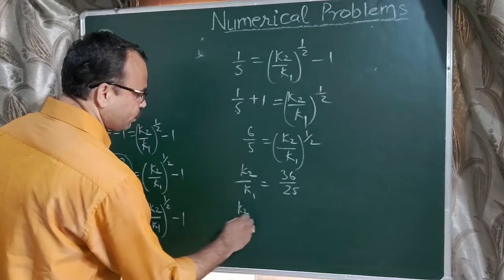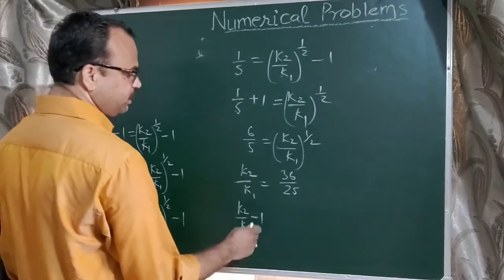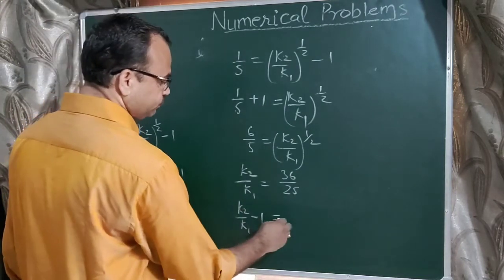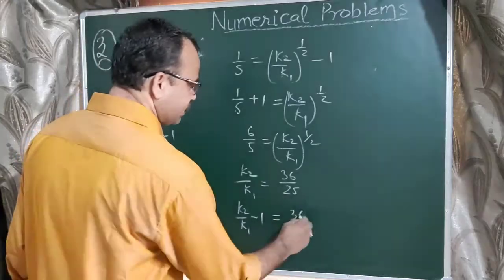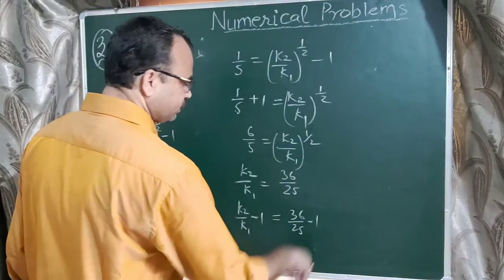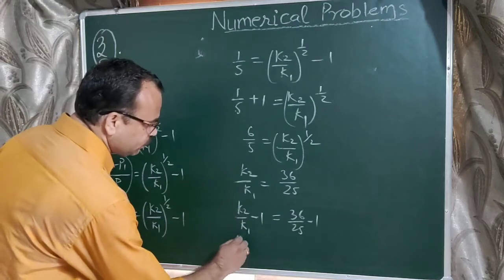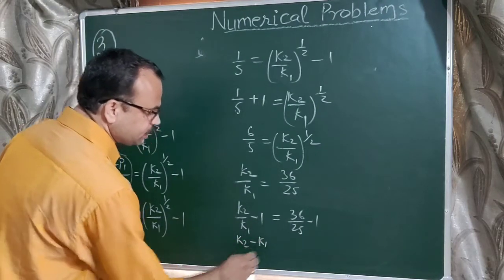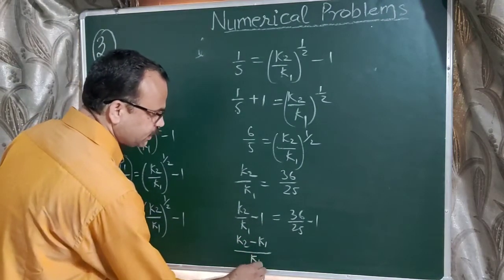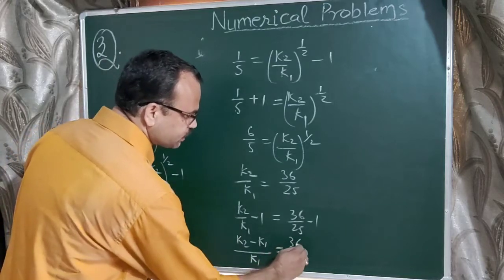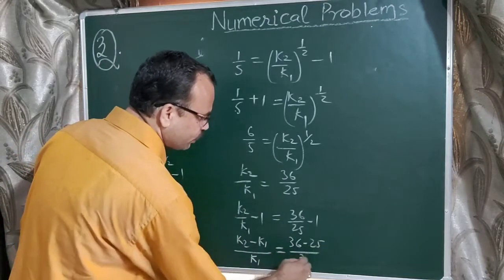So K2 upon K1 minus 1, meaning subtracting 1 from both sides, so 36 upon 25 minus 1. Then K2 minus K1, the change in kinetic energy upon original kinetic energy, is equal to 36 minus 25 upon 25.